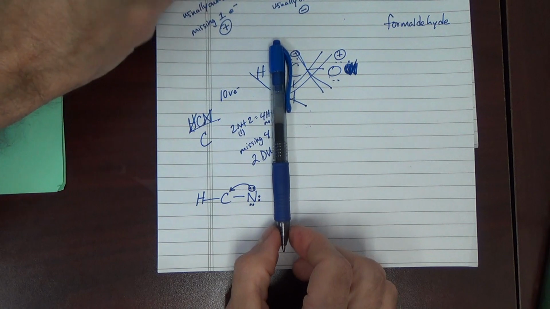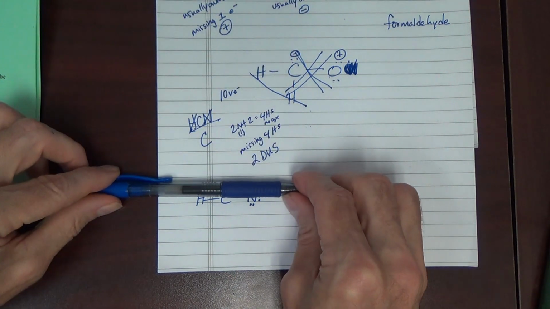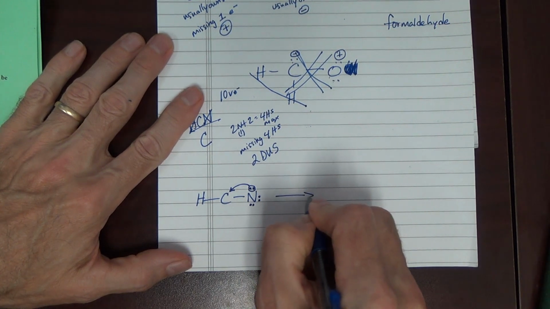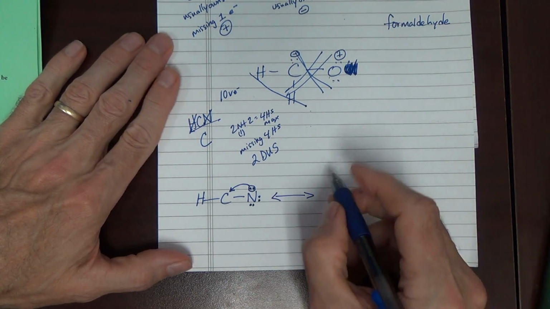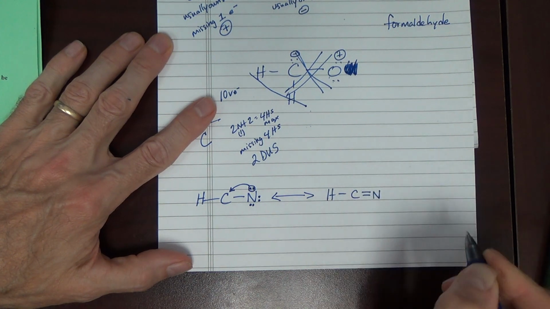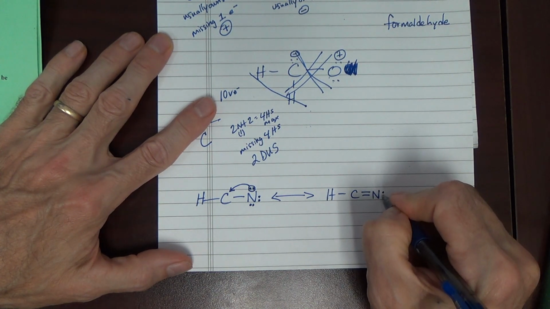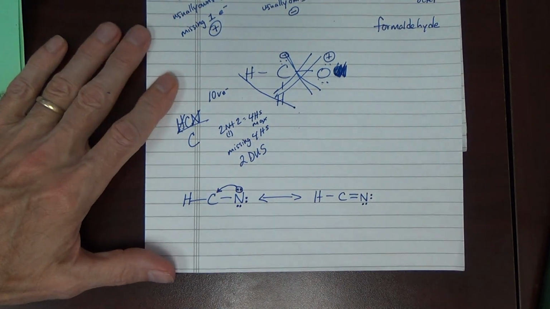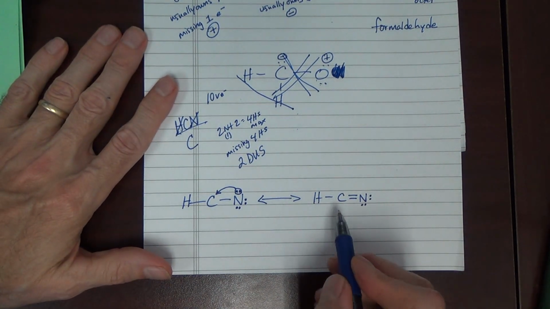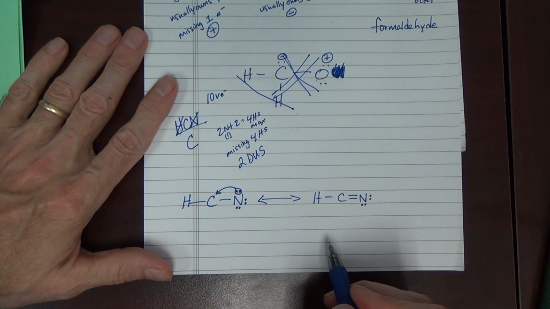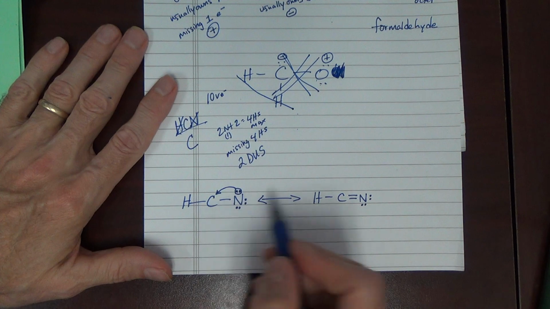It's like sitting here, moving them in to make another bond. Let's show what that gives. We now have 2 bonds between carbon and nitrogen, and 2 lone pairs left. But the carbon still does not have an octet. 2, 4, 6. Nitrogen has an octet in both cases.